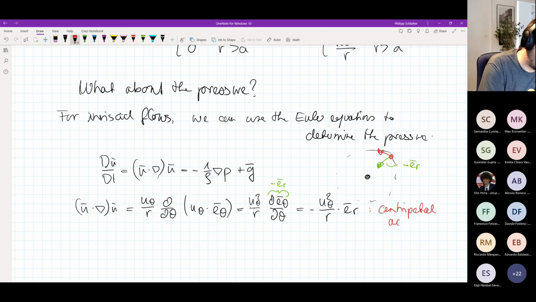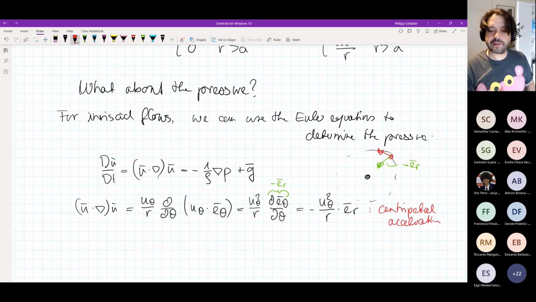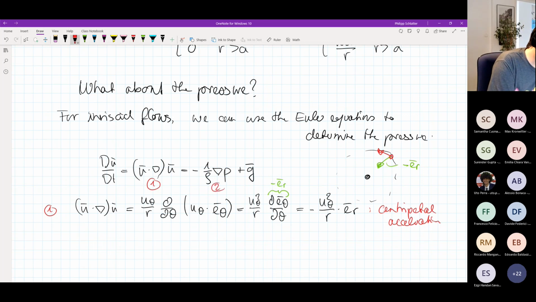Centripetal because it is directed towards the center. So centrifugal would be out towards the outside, but centripetal goes towards the center. So that's the first term here. The second term would be the pressure gradient, and then the third one would be the gravitational acceleration.